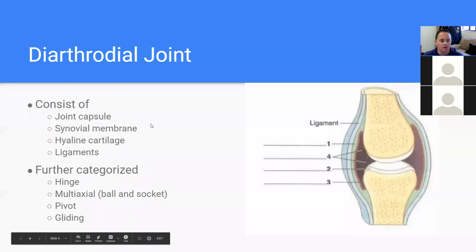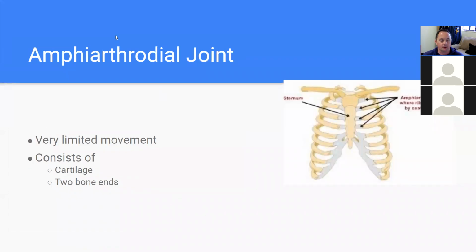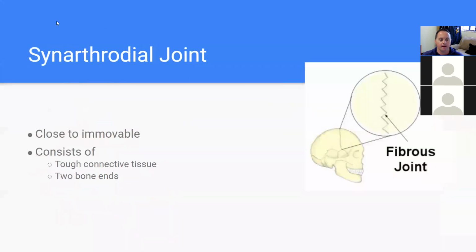Then under amphiarthrodial, you will have an example with a drawing and a characteristic of it. So it's bone, cartilage, and bone, with very little movement. Then you'll have a synarthrodial joint, an example with the drawing and what it is made of.